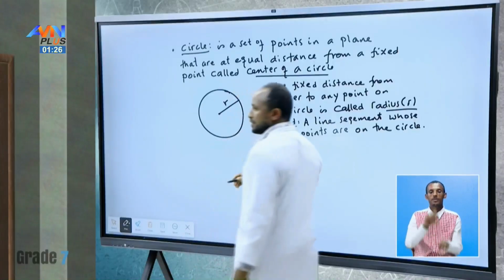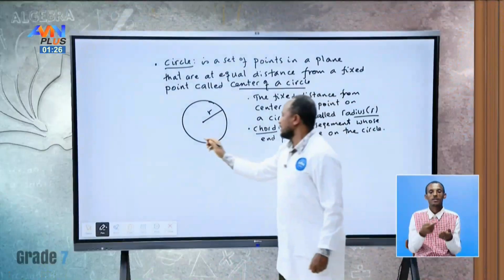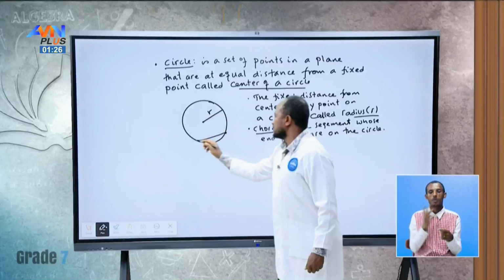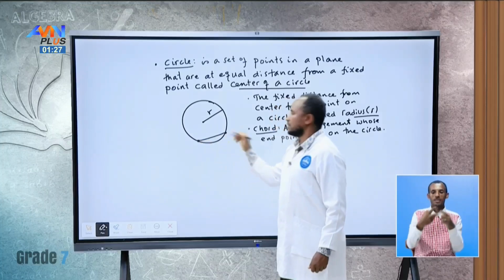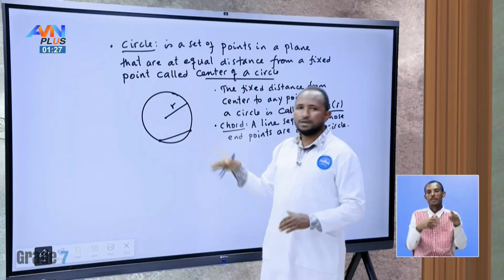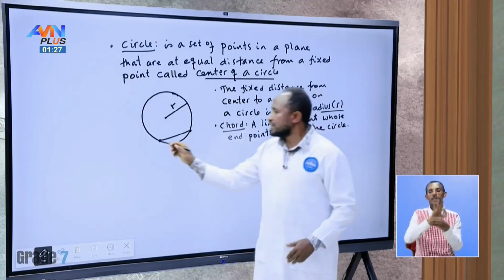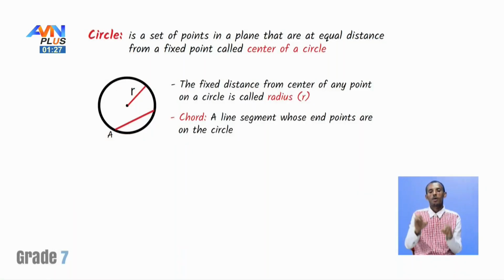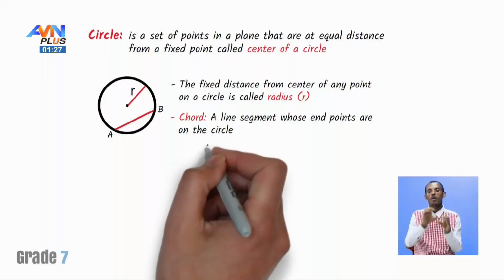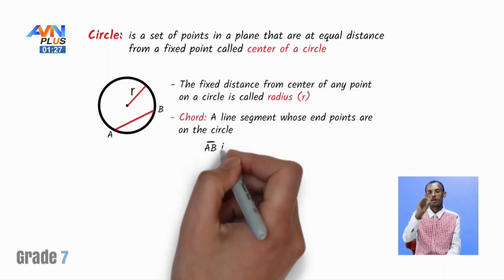So here, if you take this line segment, as you can see, its endpoints are on a circle. So any line segment whose endpoints are on a circle is called a chord. So here, this point A, this B. AB is a chord. So AB in the picture is a chord.